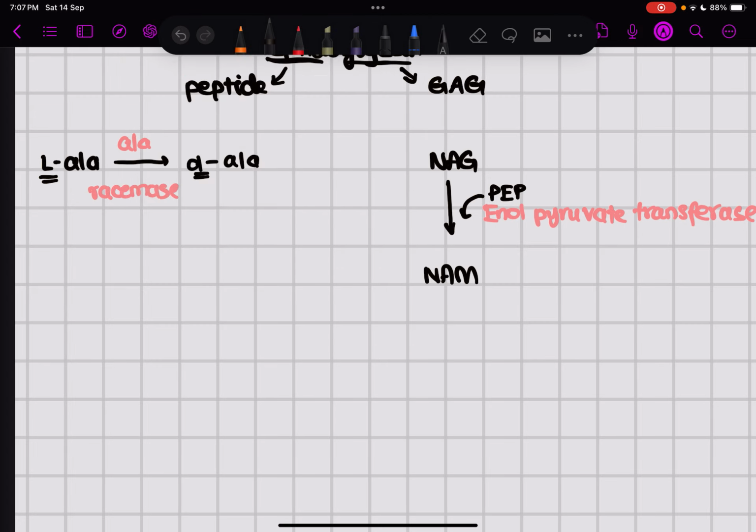Now this D-alanine that we have got is nothing but an amino acid. We are going to be joining it into something by using alanine ligase.